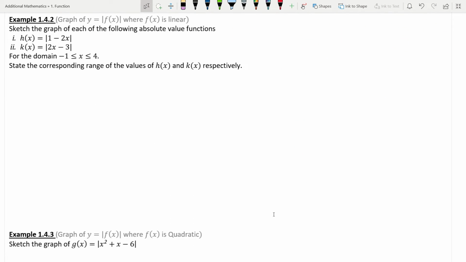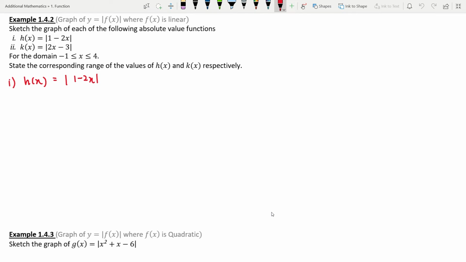Example 1.4.2. Sketch the graph of each of the following absolute value functions. The first one, we are going to sketch h of x, which is equal to modulus 1 minus 2x. For the domain, x is between negative 1 and 4.